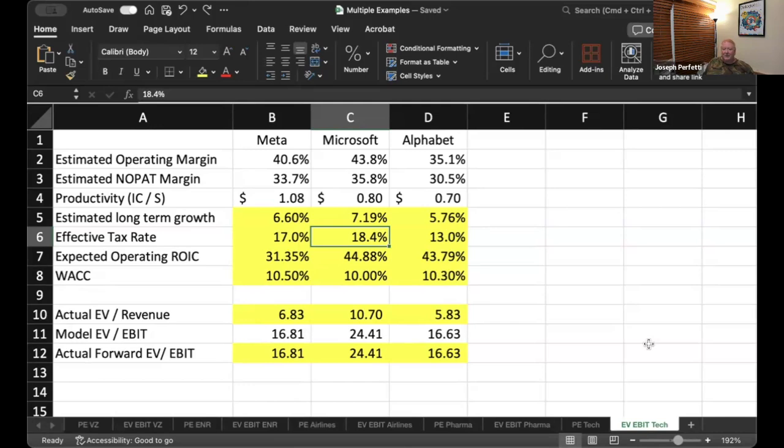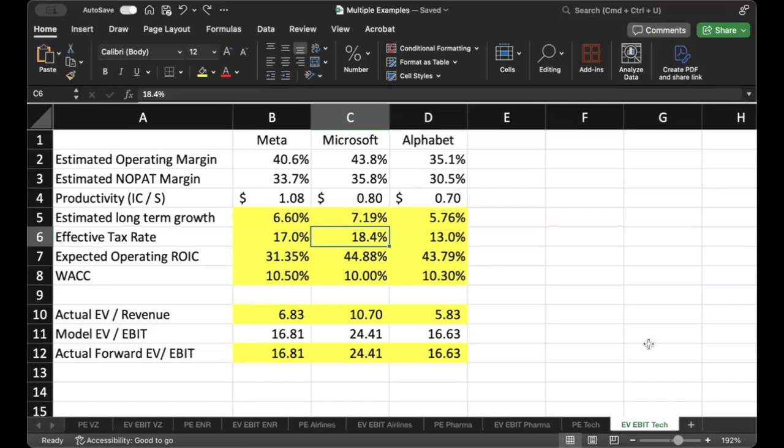Marcos, I saw your hand up. Why don't you do Meta against Alphabet? So Meta against Alphabet, if you look at their operating margin, Meta's operating margin is higher than Alphabet's, but looking at their estimated long-term growth, Meta does have a higher percentage in long-term growth than Alphabet, 6.6 to about 5.8.